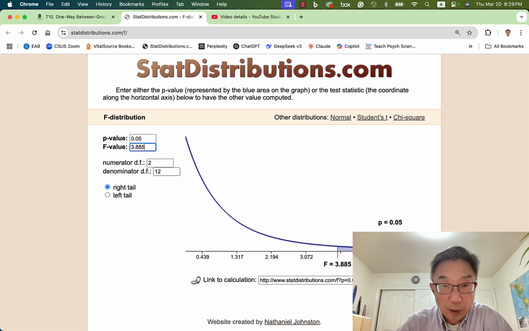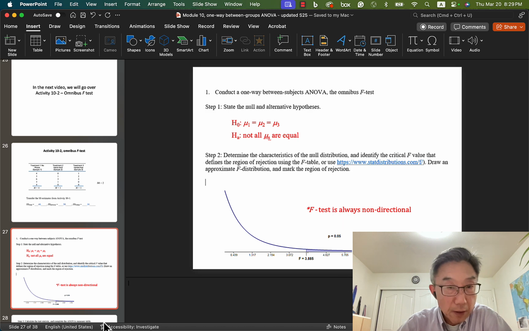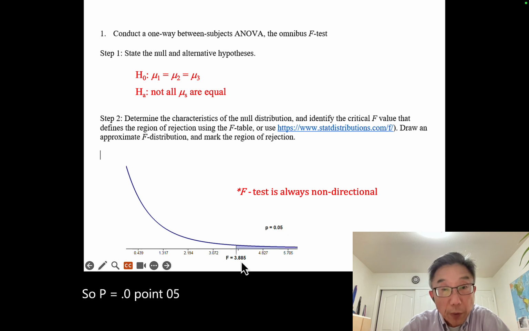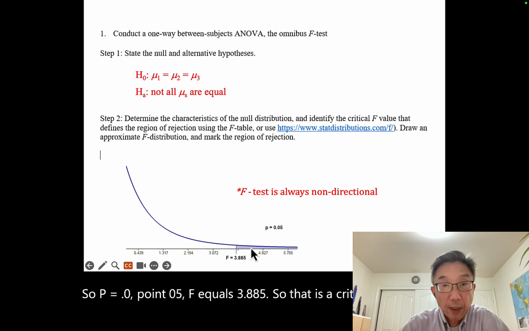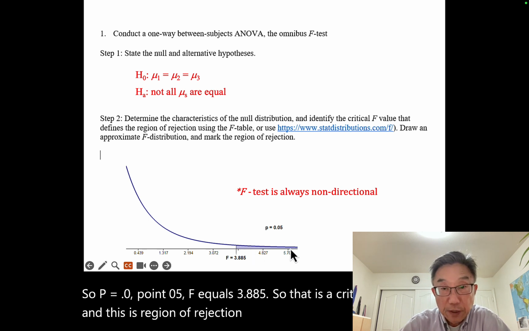Let's go back to here. Let's do this again. P equals 0.05, F equals 3.885. So that is the critical value of F, and this is the region of rejection, which defines 5%.